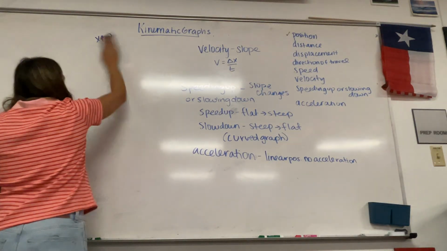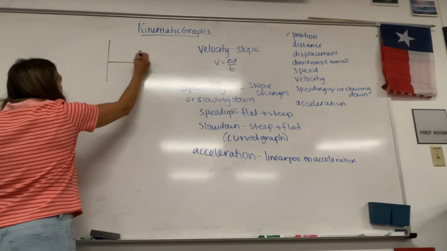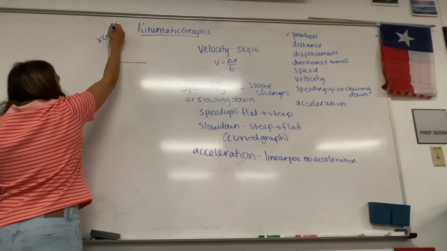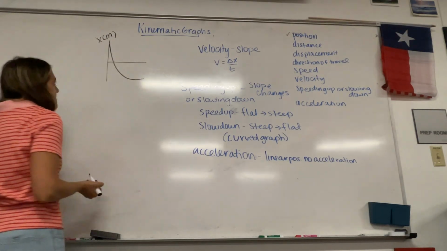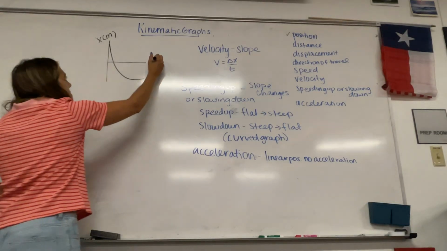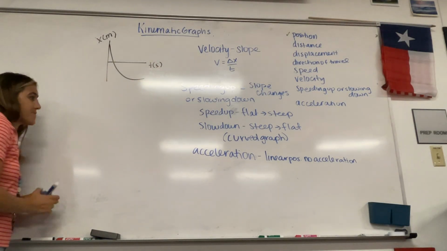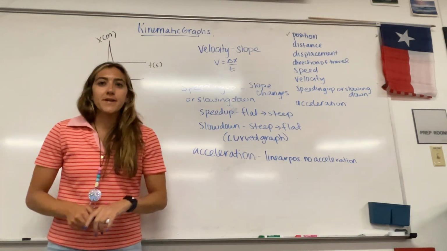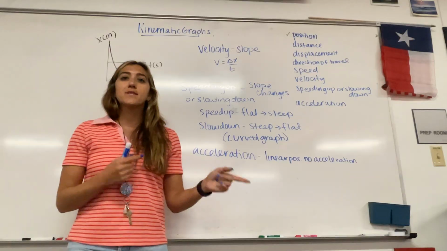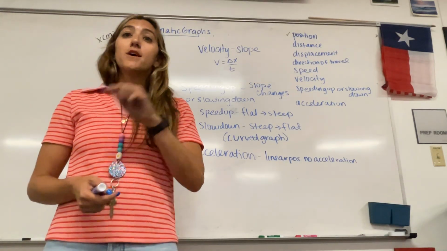So let's see a curved one. There we go. So going back to speeding up and slowing down, we didn't have that on the last graph because it wasn't curved. We're looking for a curved graph because we need our slope to change.